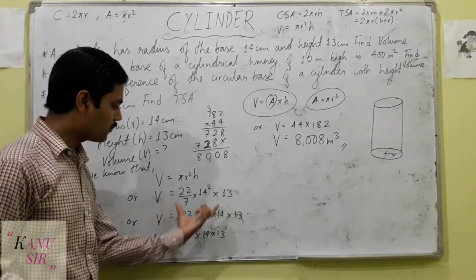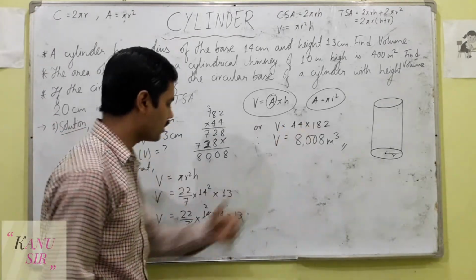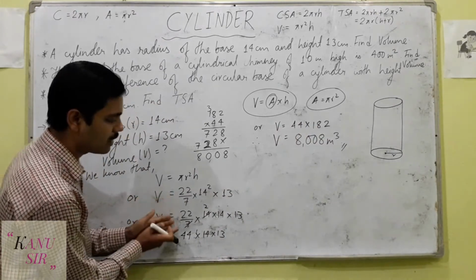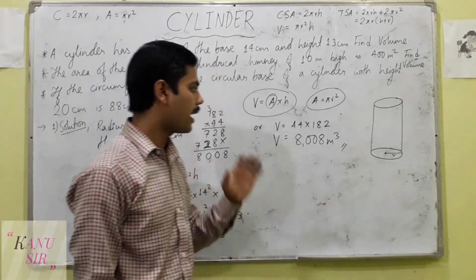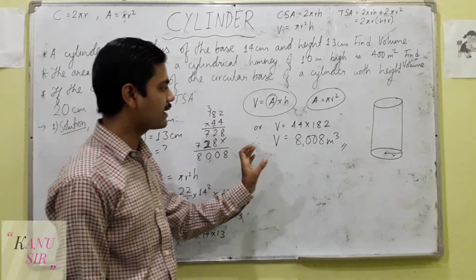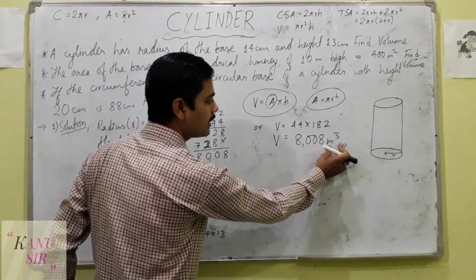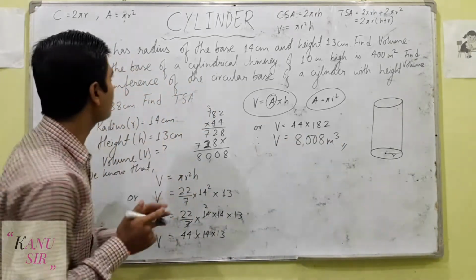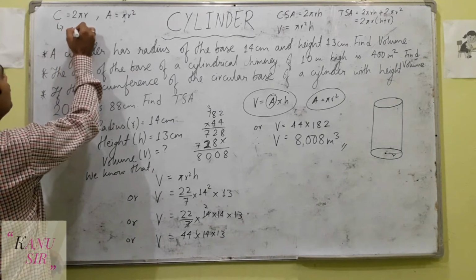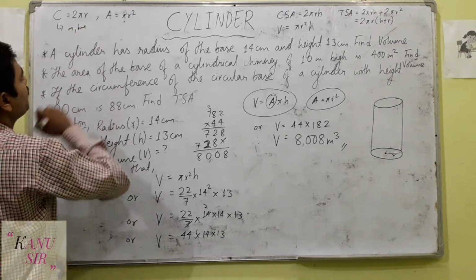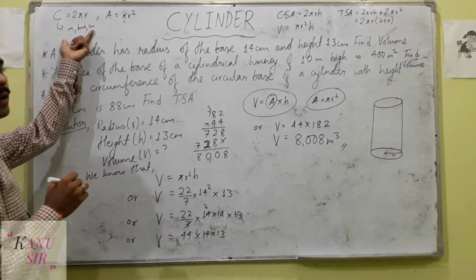That is why, if you really want to, go through this method as I have done, or after the second step you can use your calculator. You will get the same answer here, 8008. The next mistake students make is that after getting the answer they forget to write the unit. Remember that when we talk about length, the unit will be meter, kilometer or centimeter, with just power 1.